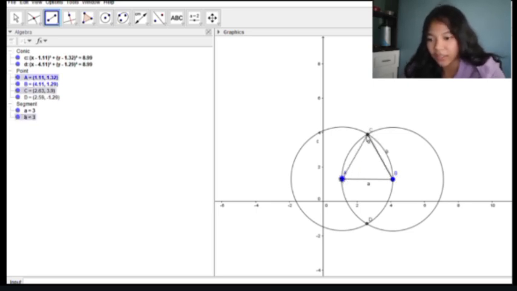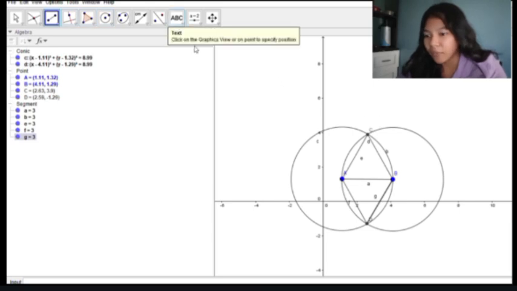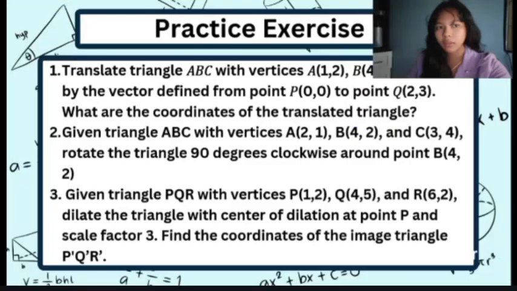You can also do that at D. So we have two equilateral triangles. If you want to just show the triangle, you can just hide this circle.